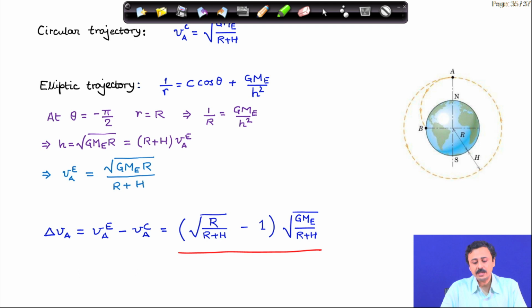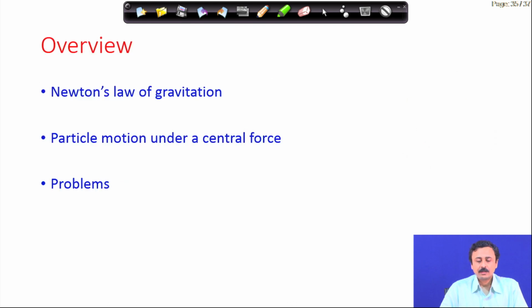The reduction in speed must be the velocity on the elliptic path minus the velocity on the circular path at A. This is the delta V. Obviously, this is going to be a negative quantity. Delta V A must be negative because it is a reduction in velocity, and that expression is given here. So, that completes the solution of this problem.